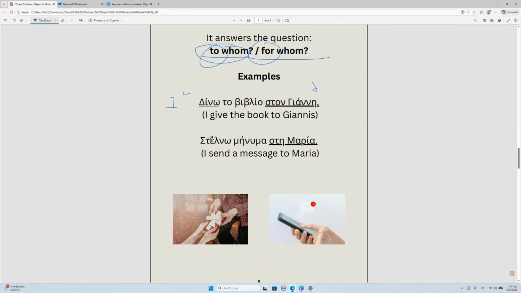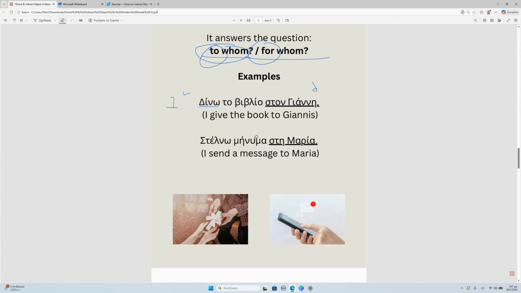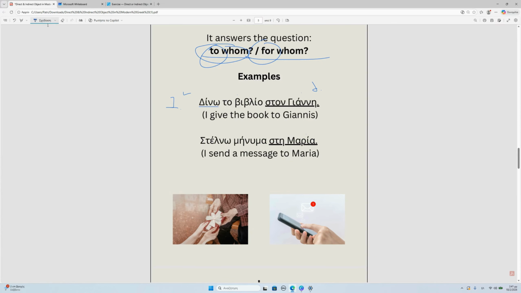Because if we say στέλνω μήνυμα without Maria, we remove it, it makes sense because I send a message. It's perfectly grammatical. But if we remove the μήνυμα, στέλνω στη Maria, everyone will ask themselves what I send to Maria. So it doesn't make any sense.